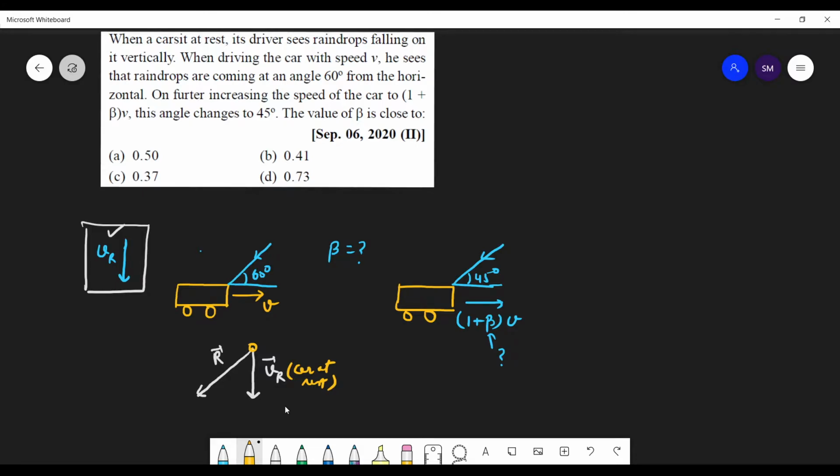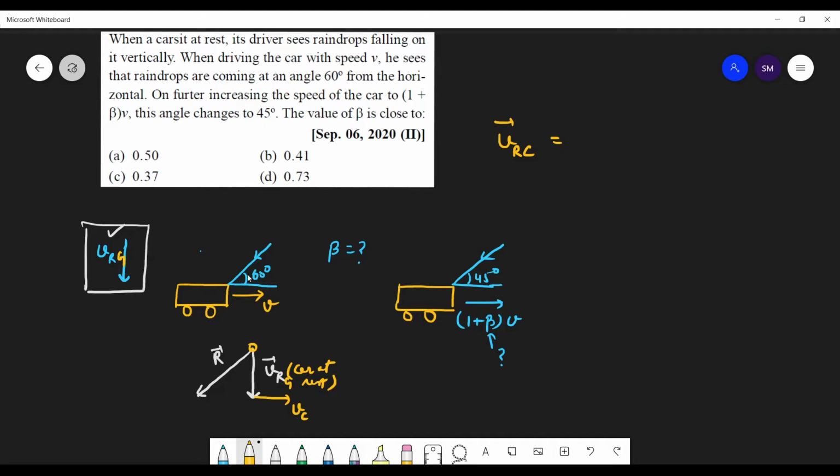Now the car is moving with velocity vc. So this is the velocity of rain with respect to ground. But what will be the velocity of rain with respect to the car? Because this person is sitting in the car, he feels that the rain is coming at 60 degrees with the horizontal.